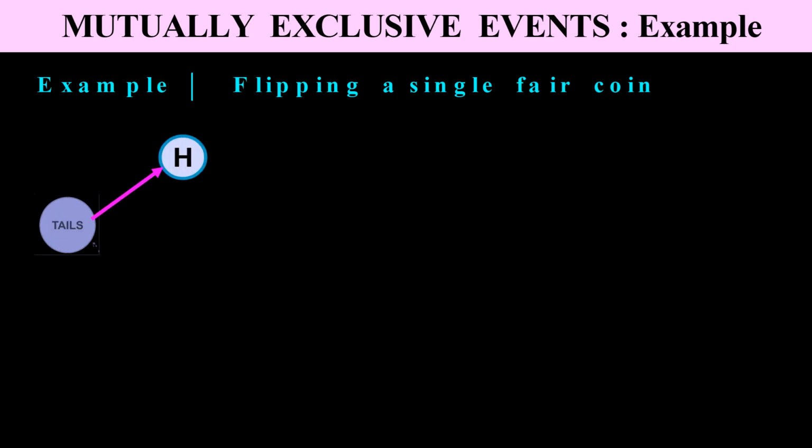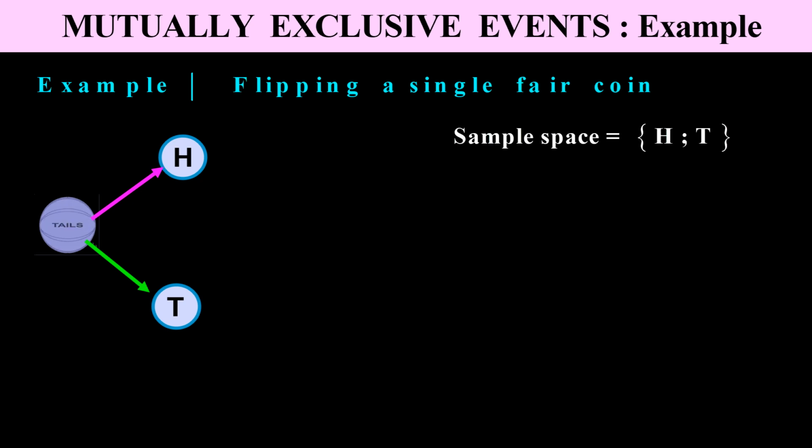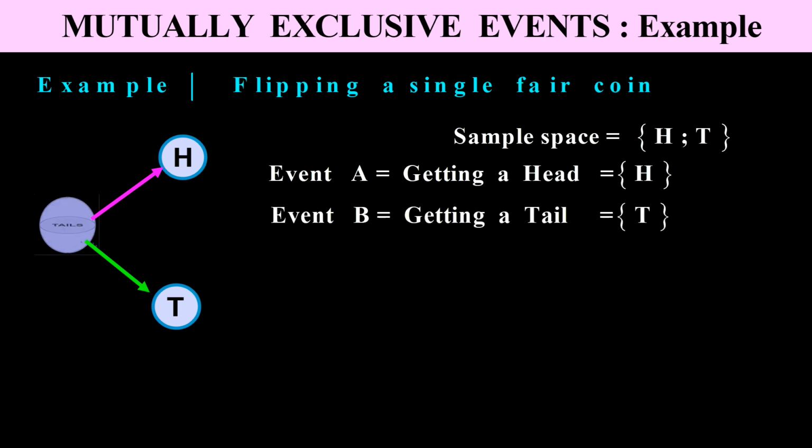Now let's consider the example of flipping a single fair coin. There's our coin. It can be flipped heads, and the other option is it can be flipped tails. We know from previously that the sample space is heads and tails. So the event of getting a head is 0,5, and the event of getting a tail is also 0,5.